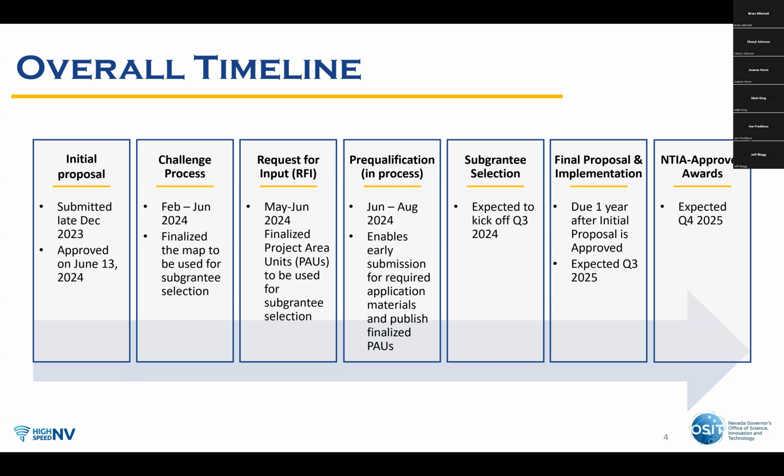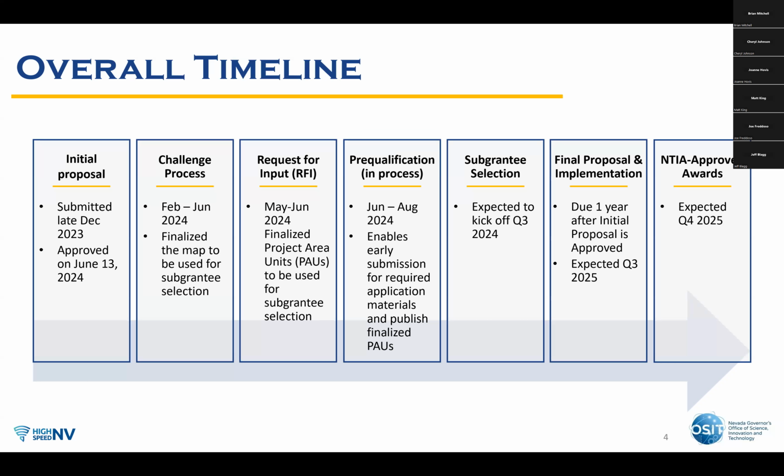And then through a request for input that was made available earlier this summer for the project areas that are going to be used in the grant program, there was a process in which input was solicited from all of you attending today and all other entities.